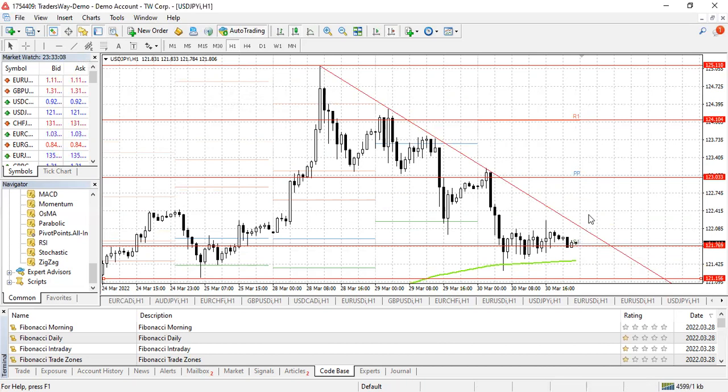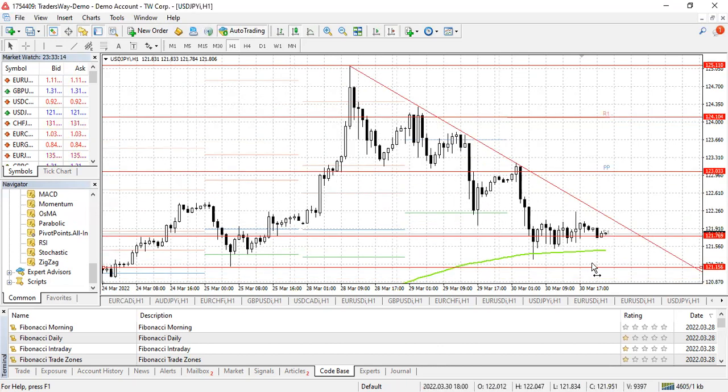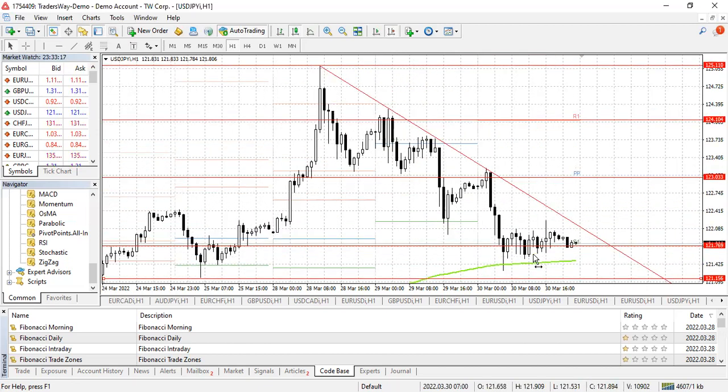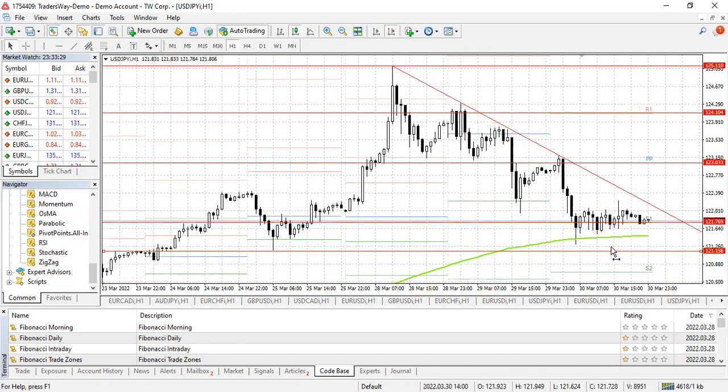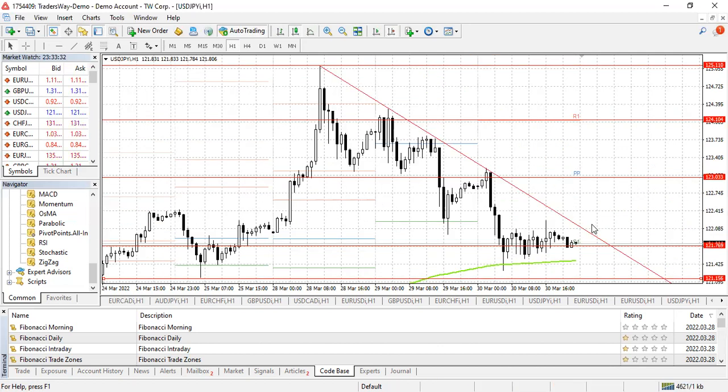So the moment this market breaks out of my trend lines, and my moving average tells me that the market is in an uptrend, although this is a downtrend, and this particular market is still above my 200 moving average, I'm going to go for a buy, a straight buy, because I have my confirmation.